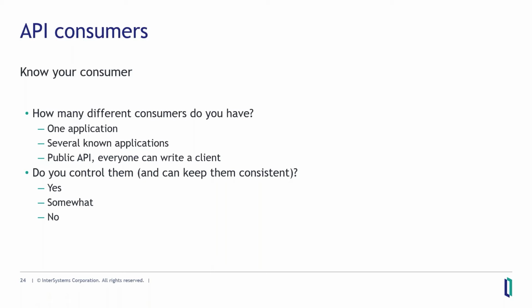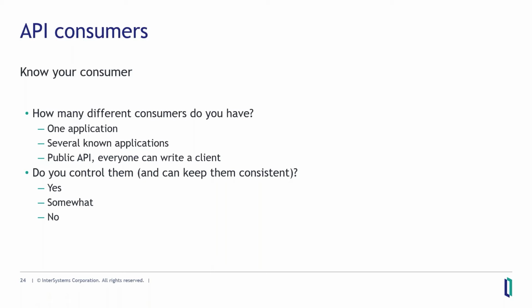And all these three types differ in how much control you have over them and how consistent you can keep them. There are three variants about consistency and control: you can have control, you can have some influence, or you can not have it at all. If it's one application, usually you do have some semblance of control.